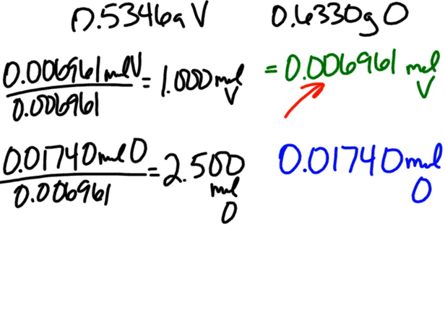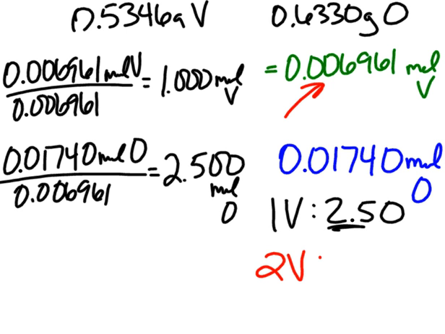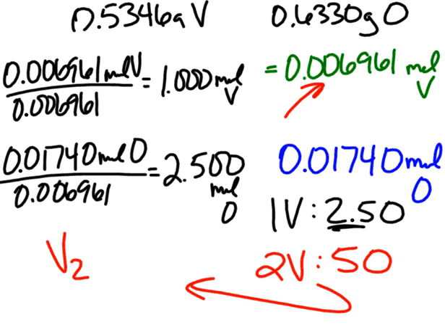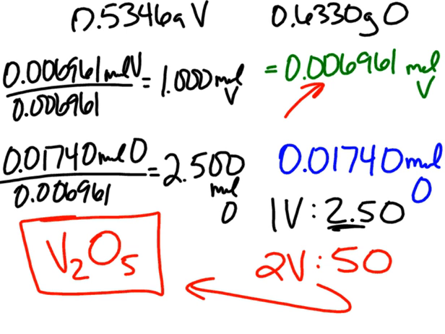So of course what this means is there is 1 vanadium for every 2.5 oxygen, which we wouldn't write with a decimal. So we'll go 2 vanadiums to every 5 oxygens. And of course that translates into V2O5. And that's our empirical formula.